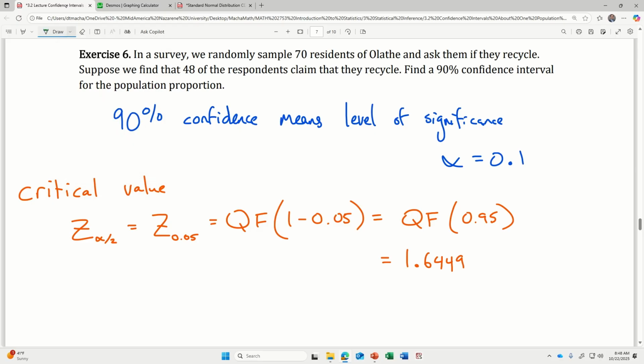The next step, after finding the level of significance and the critical value, would be calculating the margin of error. So that capital E is going to be equal to my critical value times the standard error of my sample fraction.